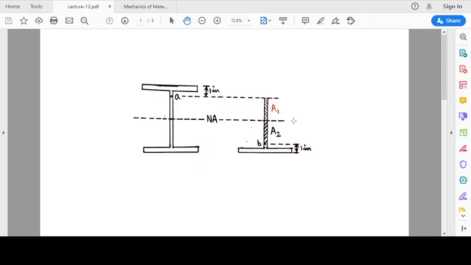So the net moment produced by the portion between A and B is going to be 0. Only the portion which is below point B is going to produce moment about the neutral axis.